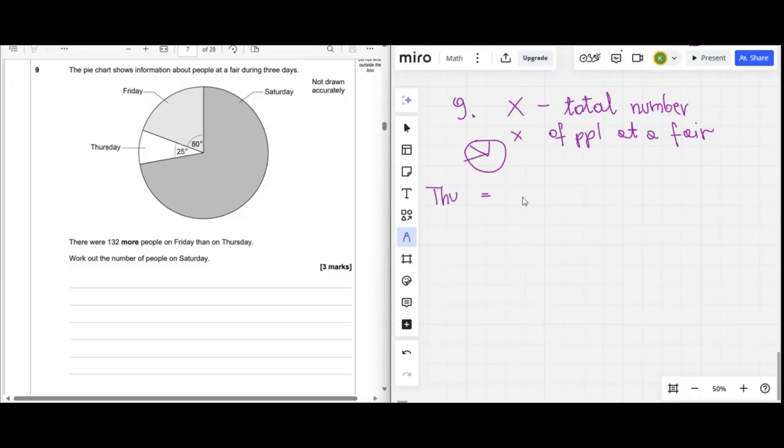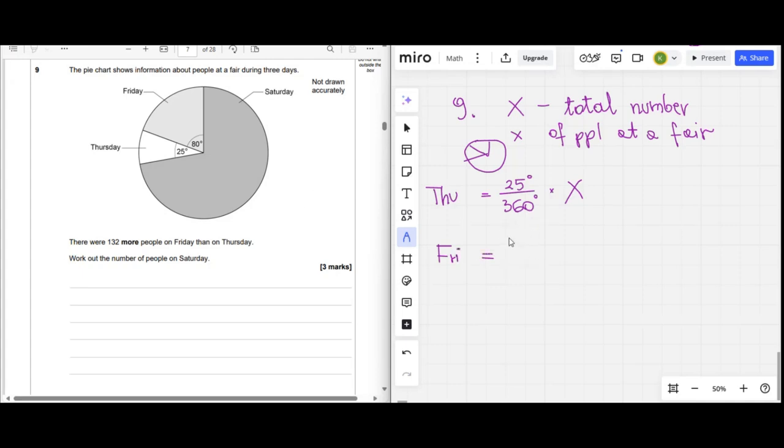On Thursday, we have 25 degrees out of 360 being the whole circle. So we can divide those to find the fraction of the chart times X number of people. That is 25 divided by 360. We can simplify this, but I'm not sure if we would need that common denominator later, so maybe let's skip that.